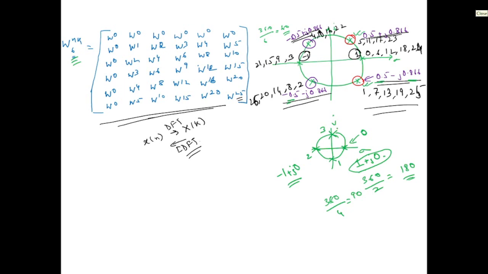Then for nk equal to 4, you will be here because it should be 90 degrees from the third value. Then 5, then again 6, 7, 8. In this way, you should be rotating on the unit circle.